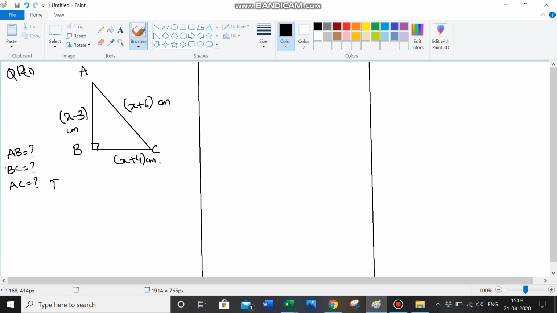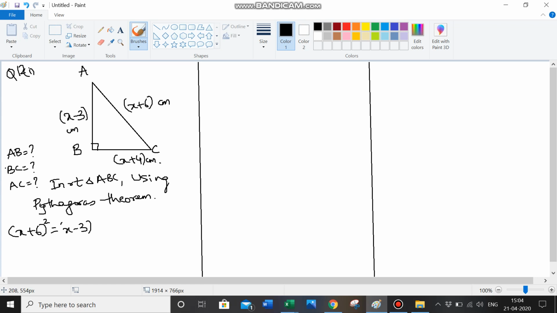So we apply Pythagoras theorem in right triangle ABC. What do I get? I get AC square, which is x plus 6 square, is equal to x minus 3 square plus x plus 4 whole square. Let's open the brackets.